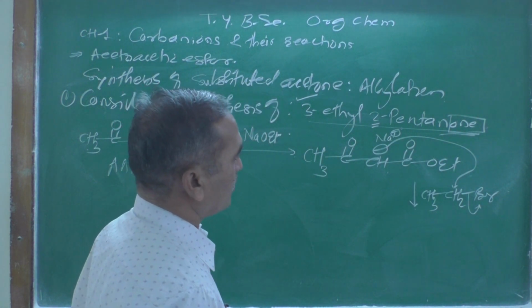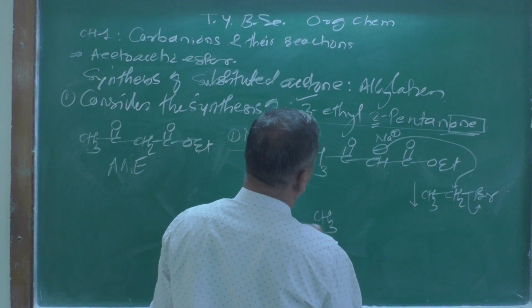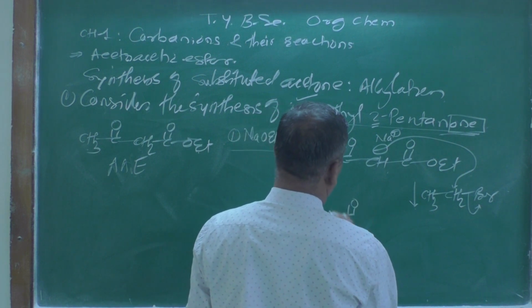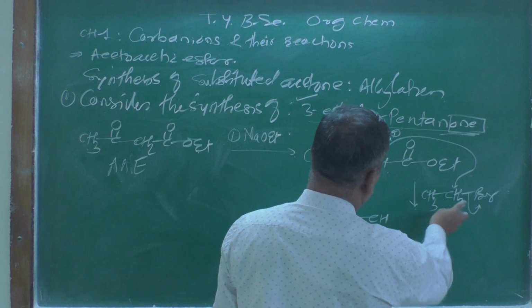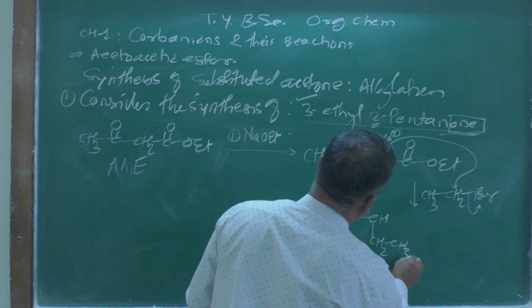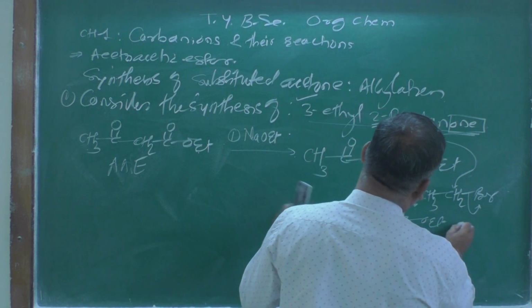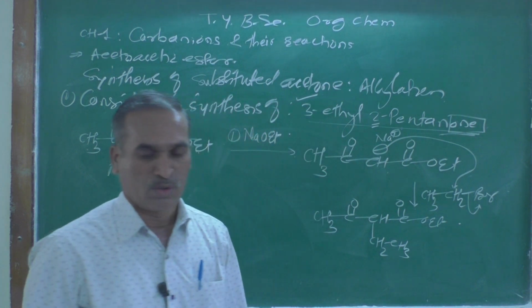In this way it departs, and you are going to get over here CH3, C double bond O, then CH. This CH3 I am writing in this way, CH2 and CH3, the other part C double bond O and OEt remains as it is.